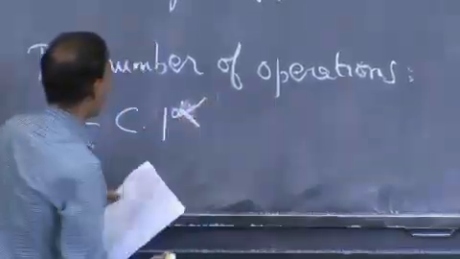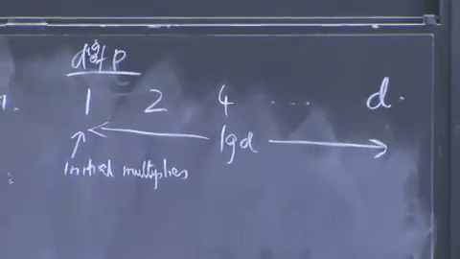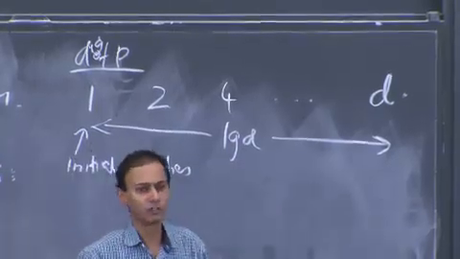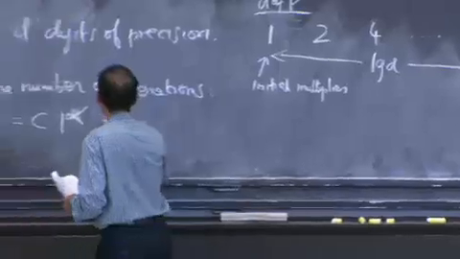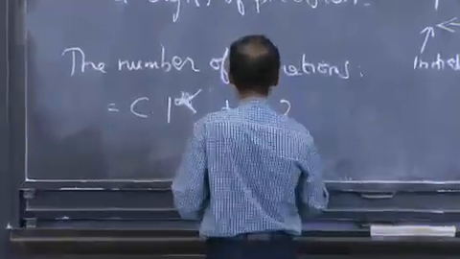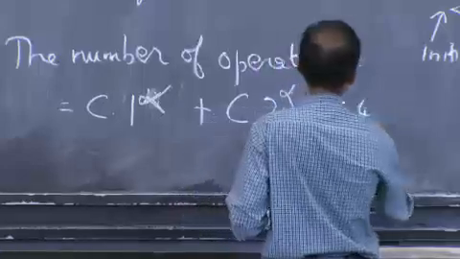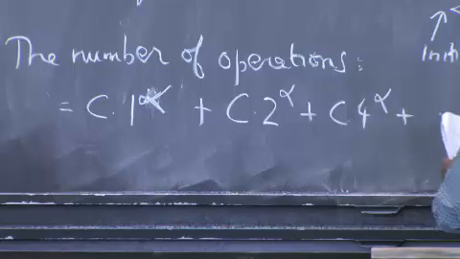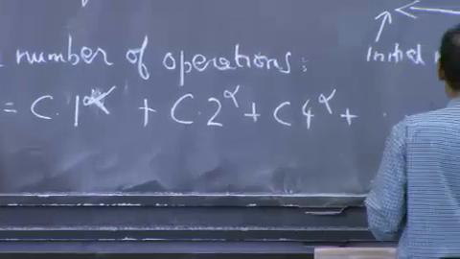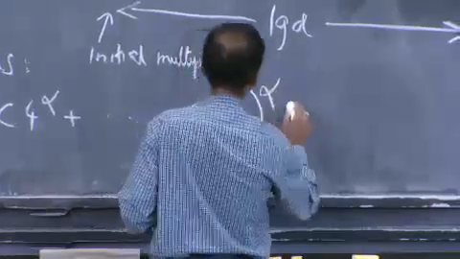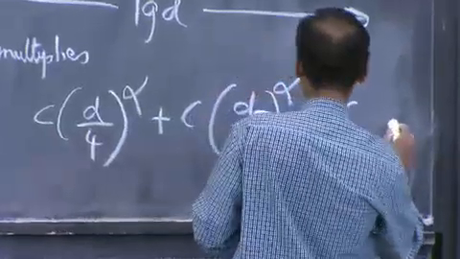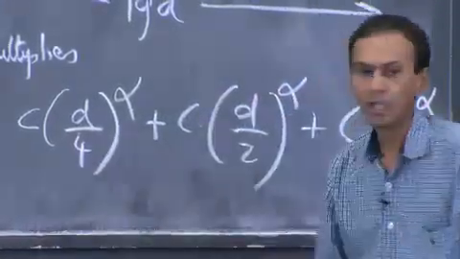Now I can imagine that for the very first iteration, I have something like c times 1 raised to alpha, because it's just a single digit of precision. And the next one, I'm using the same algorithm. This is c times 2 raised to alpha, c times 4 raised to alpha, and then out here, I'm going to have c times d by 4 raised to alpha plus c times d by 2 raised to alpha plus finally c times d raised to alpha.